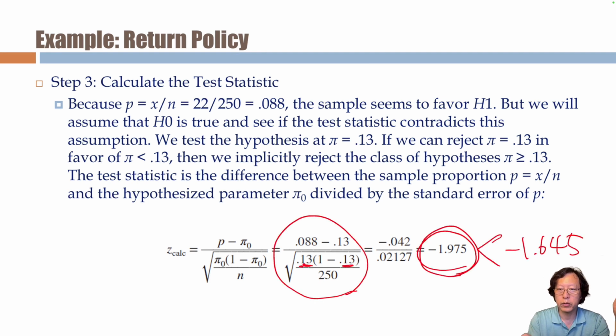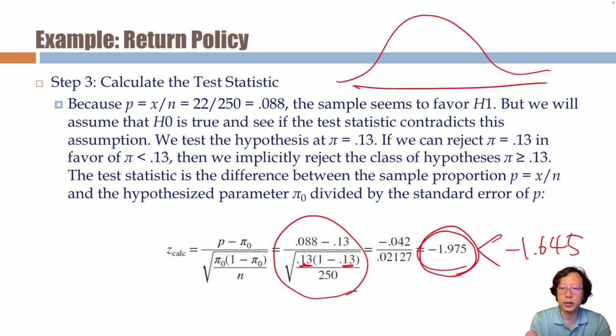So this is a more rare case, right? This is the critical point, but this is your z. This is critical, which means this is a more rare case.